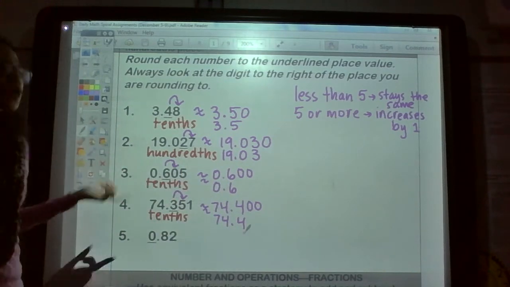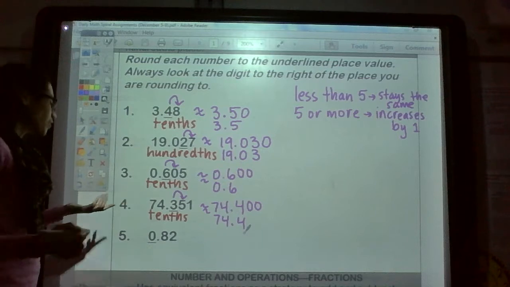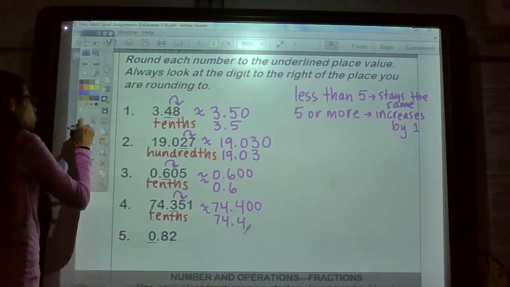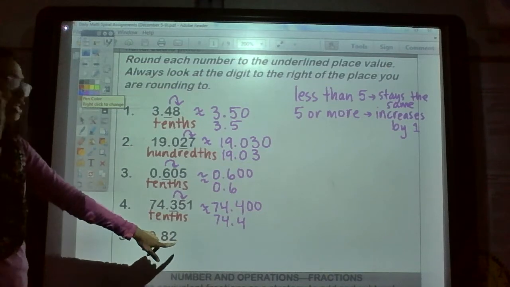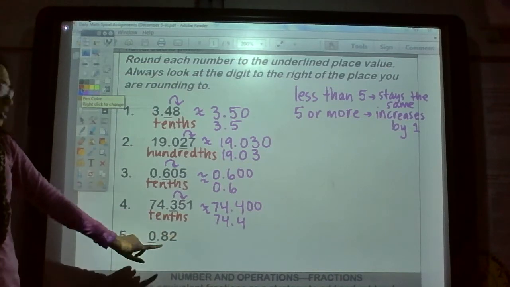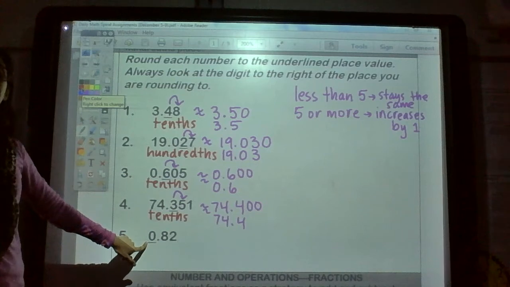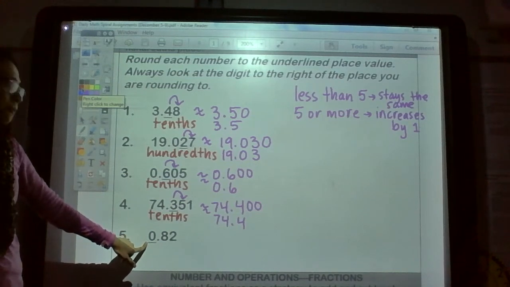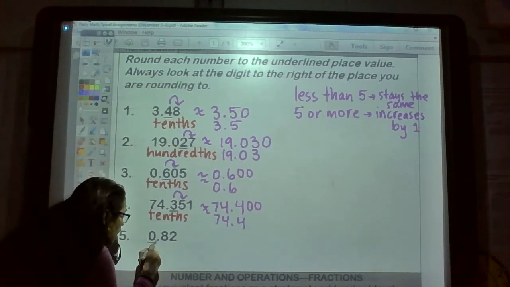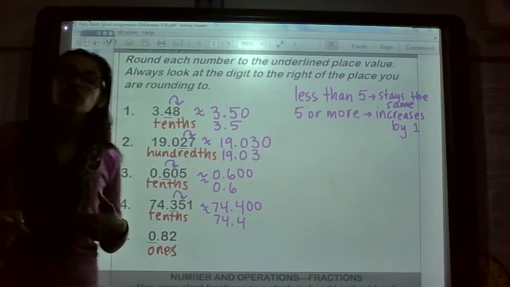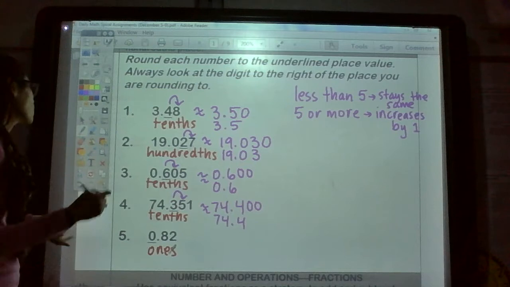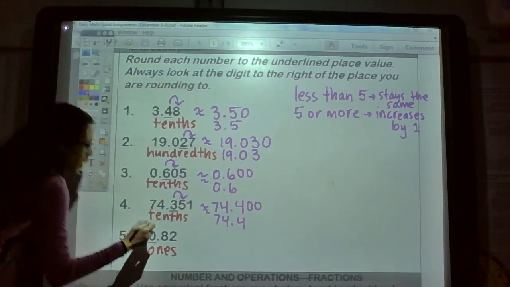We're on the last one for rounding. This is good rounding practice. You all are doing a good job. All right, look at the last one. This is 82 hundredths. What is underlined? That's 0. What's that place value? That is in the ones place. So even though that's in the whole number, we still follow the same rules. So the rule is look to the right.